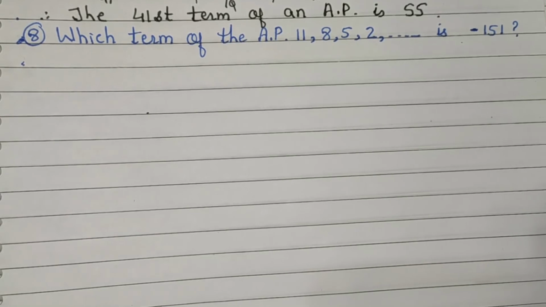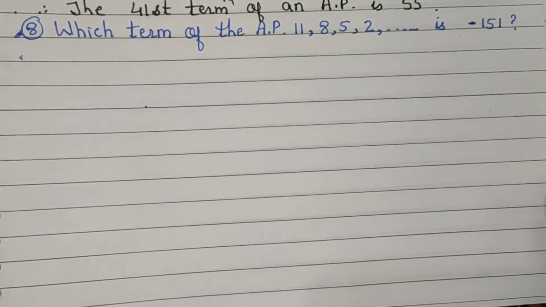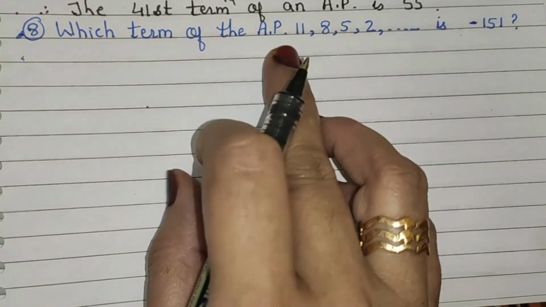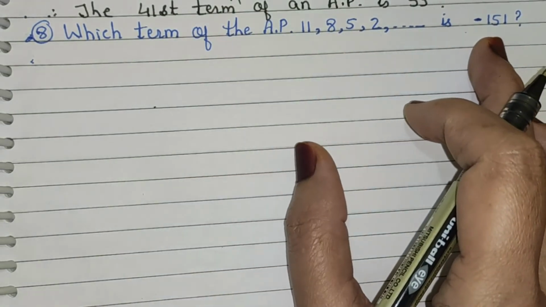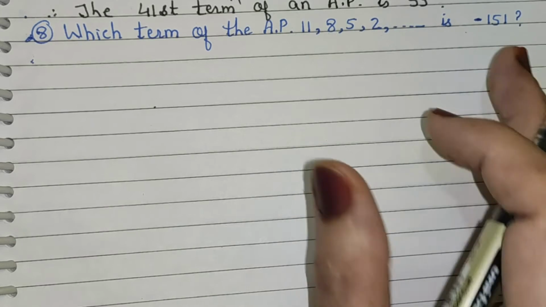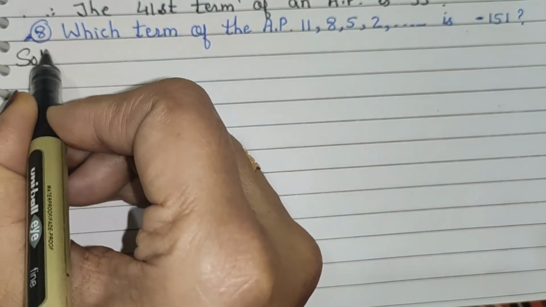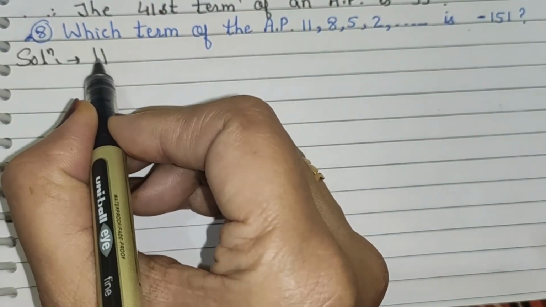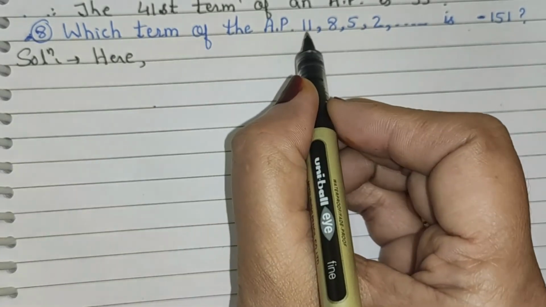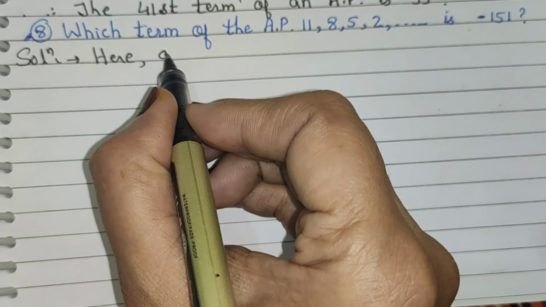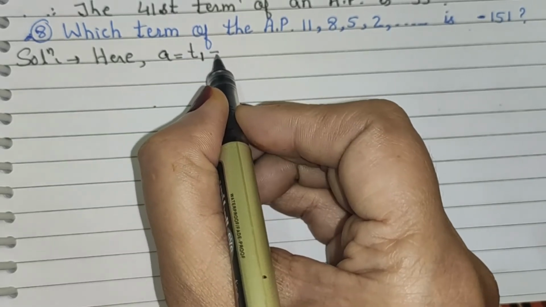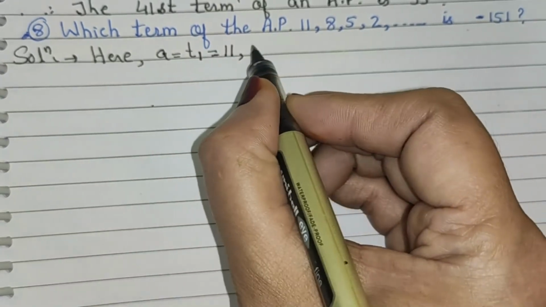Now the next question is: which term of the AP 11, 8, 5, 2 is minus 151? Now write down the solution here. AP is given, means it is the first term. Write down here, A is equal to T1 is equal to 11.